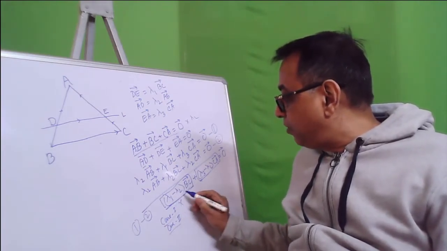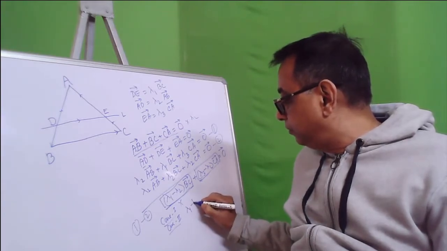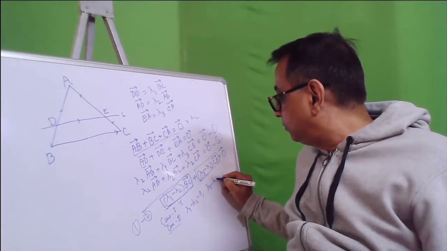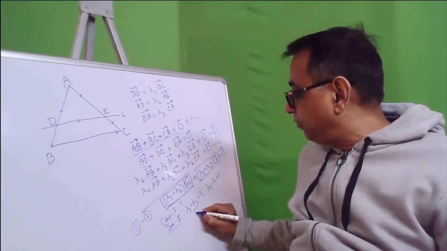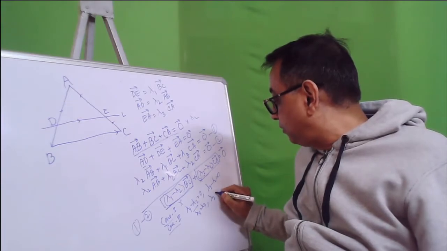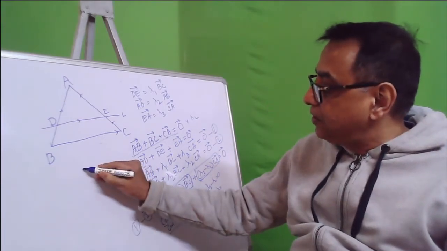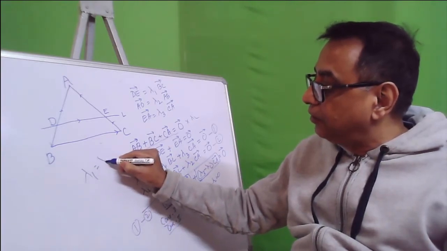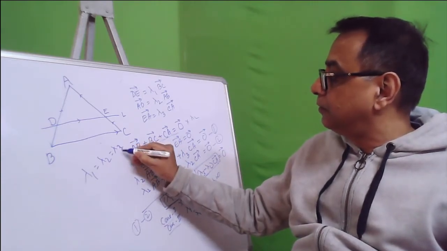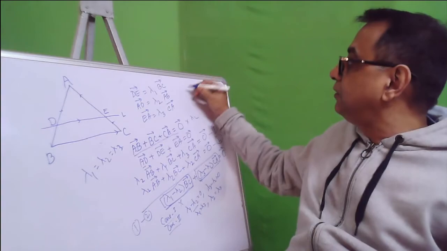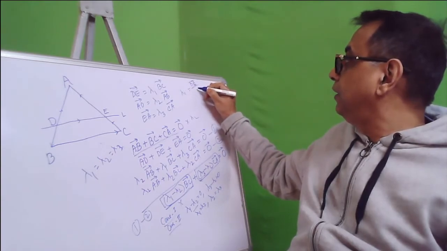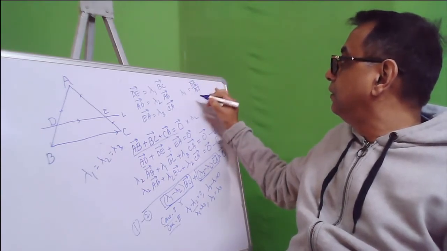So that means lambda 1 minus lambda 2 is equal to 0. Similarly, here lambda 3 minus lambda 2 is equal to 0. From here we get lambda 1 is equal to lambda 2 and lambda 2 is equal to lambda 3. So basically what we have got is lambda 1 is equal to lambda 2 is equal to lambda 3. So what is lambda 1? As we said, lambda 1 is mod of DE by mod of BC.